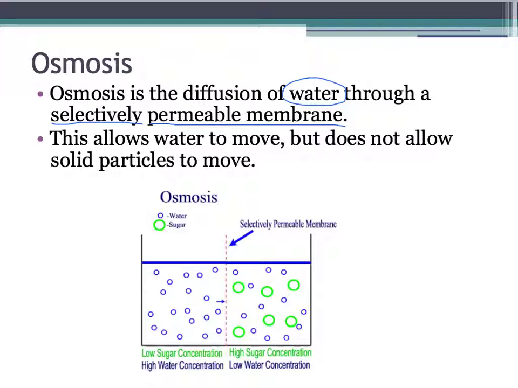This allows water to move, but does not allow the solid particles. So when we're looking at osmosis, we're really looking at movement of water.